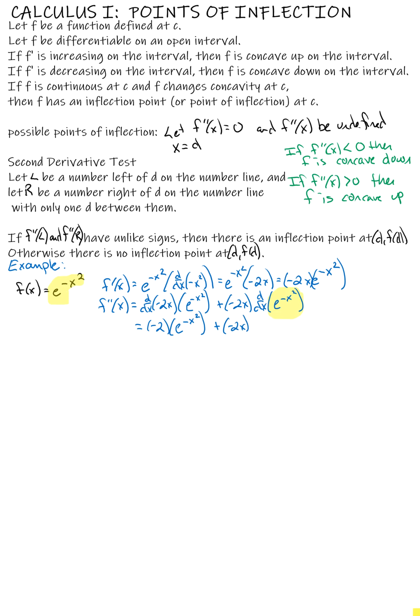That is my original function. So when I want to take the derivative of that, well, that's just f prime. Ha! How nice is that? Moral of the story, the derivative of e to the negative x squared is simply negative 2x e to the negative x squared. Lovely.